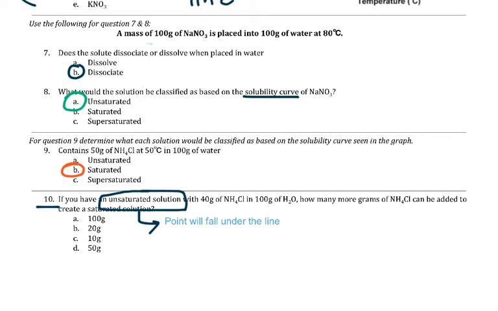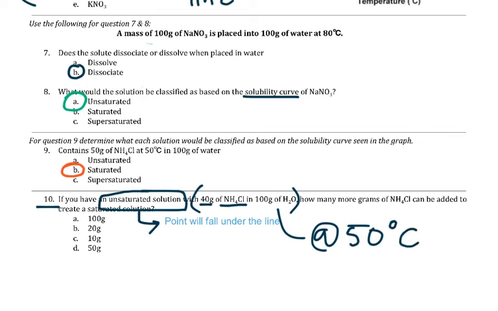We have 40 grams of, again, ammonium chloride and 100 grams of water. How many more grams of ammonium chloride can be added to create a saturated solution? On yours, it should also say that all of this is at a temperature of 50 degrees Celsius.